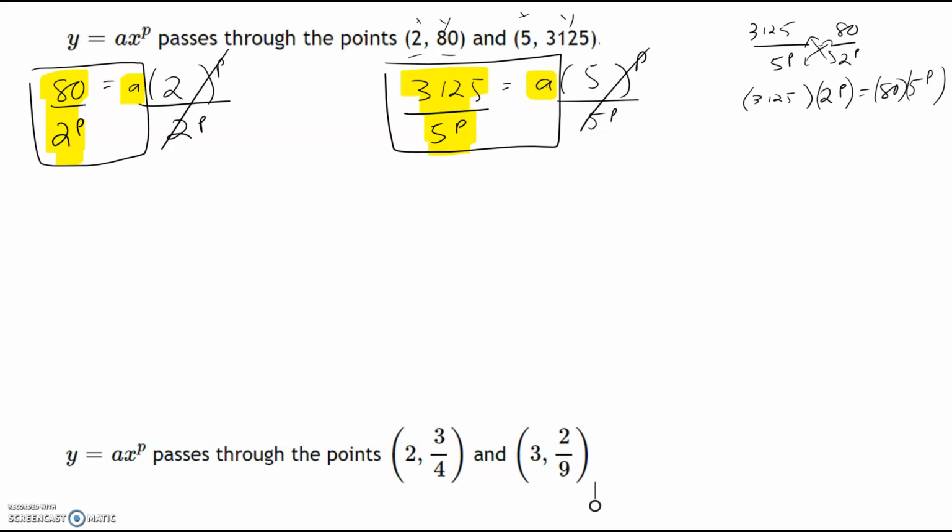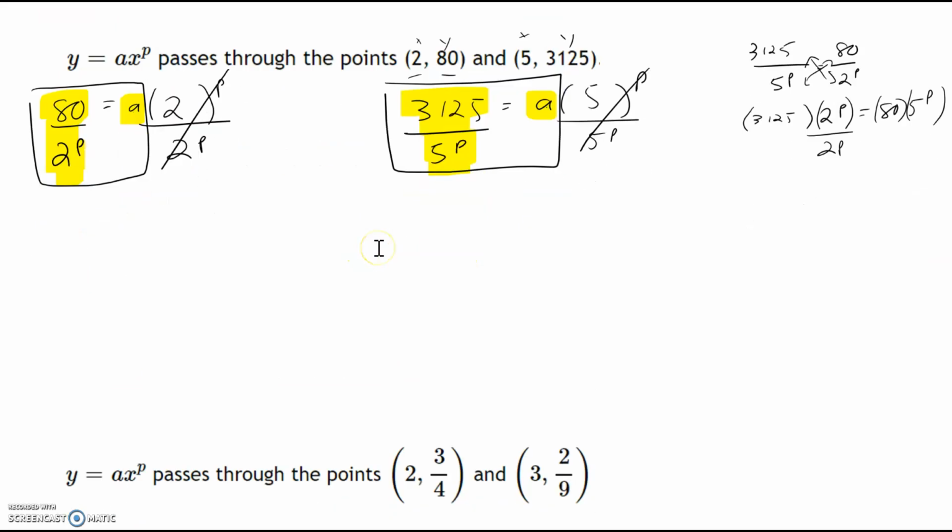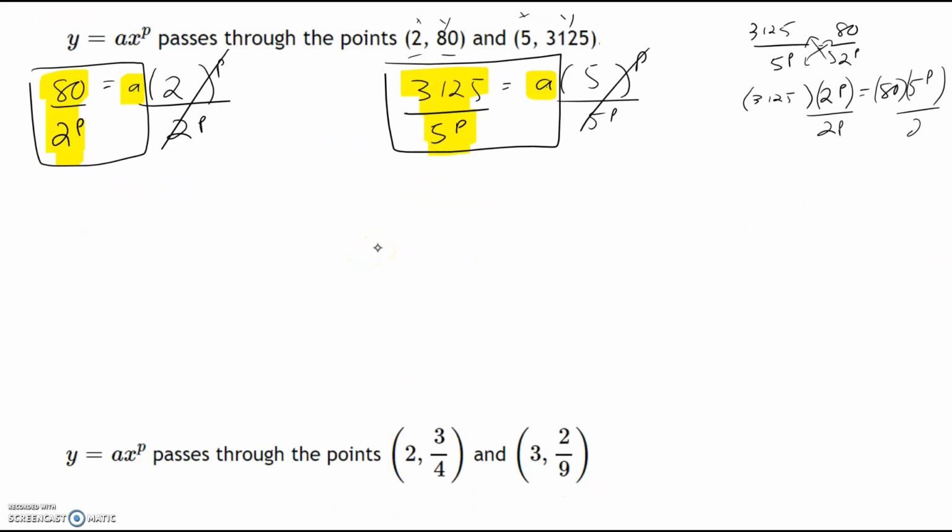So if I divide both sides by 2 to the p, then that's gone. And then over here, I've got the p's on one side, so that's good. I can also divide both sides by 80, and I end up with 3125 over 80 equals 5 to the p over 2 to the p.